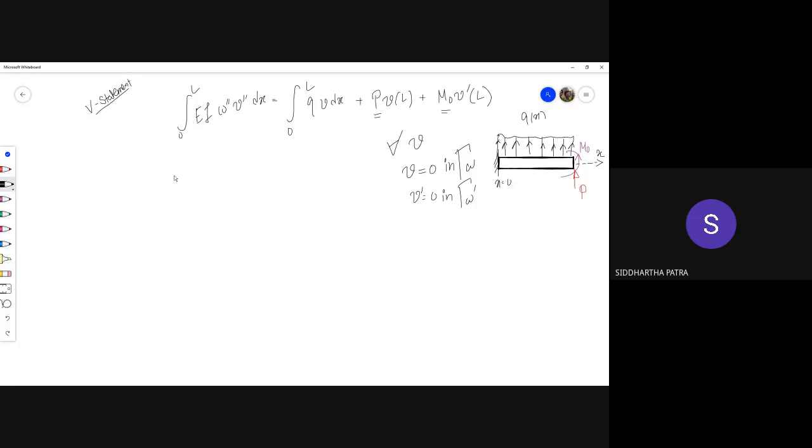Okay, so having said that, let's proceed for the FE formulation of the beam element. So now imagine I'm trying to model this beam as a single beam element.